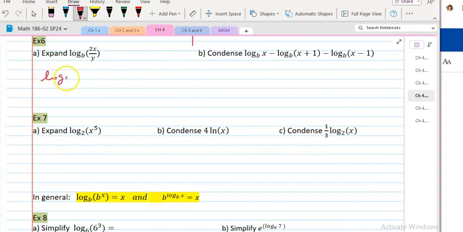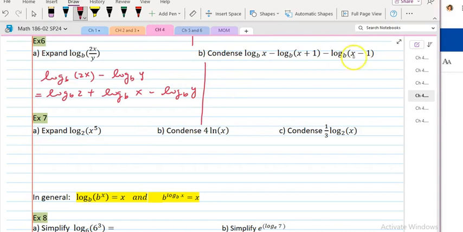So I would do log base b of 2x subtract log base b of y. I can expand more because this is a multiplication. So that would equal log base b of 2 plus log base b of x minus log base b of y.